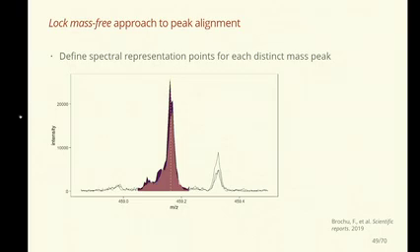So how does it work from a data analysis perspective? Again, all of the batches have slightly different m/z values. So choose a reference data set, typically a pooled QC data set, and define a spectral representation point, where you say, okay, this feature will be characterized by this m/z, which is designated by this yellow line here.